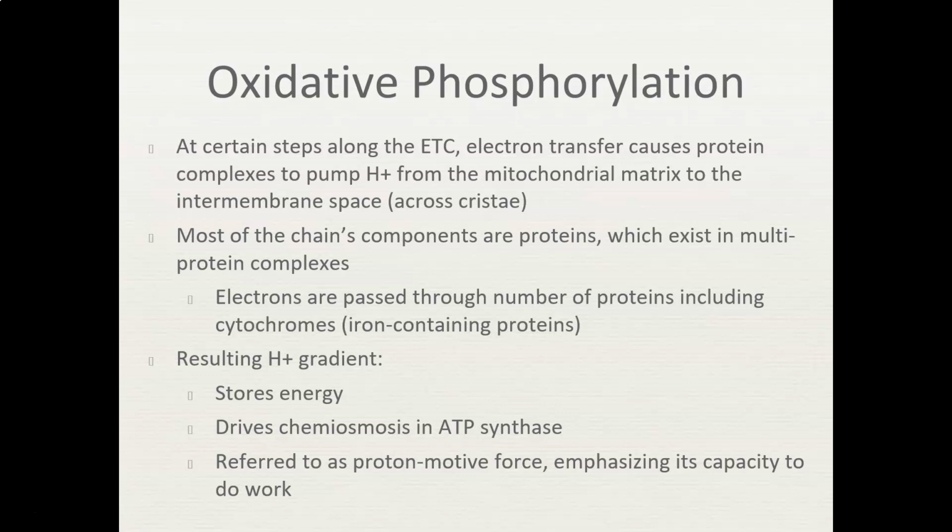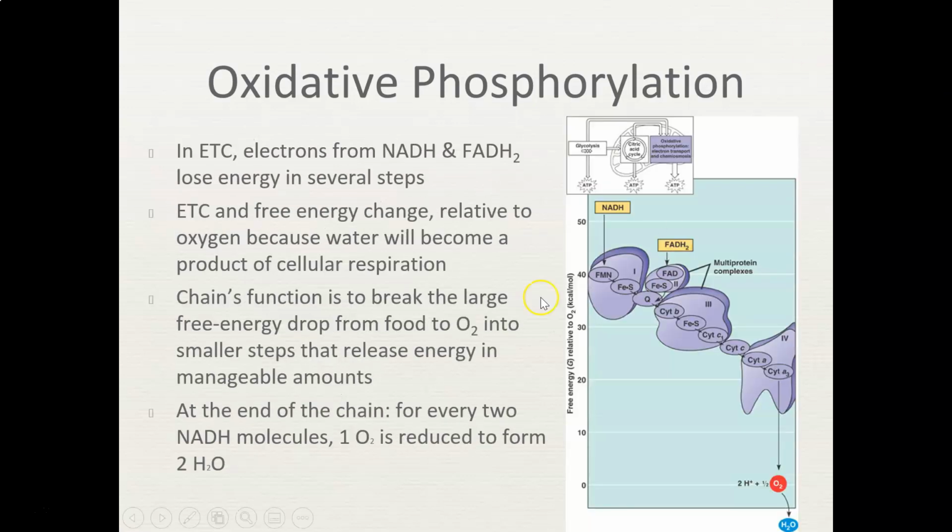So we're really coupling an active pumping system here with a passive transport system in the next subphase of oxidative phosphorylation. An interesting thing about these protein complexes is that they are multi-protein, so it's multiple proteins in a single complex that I'm showing you here. There are multiple proteins going on here, multiple proteins going on here.